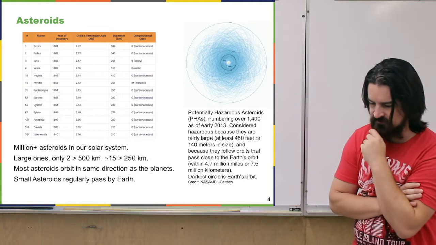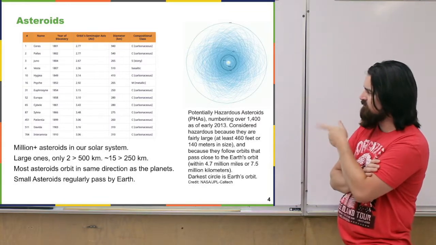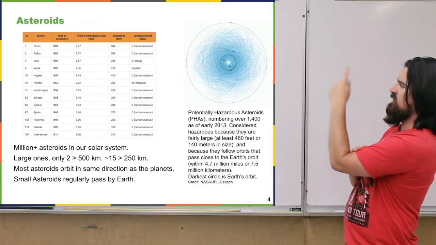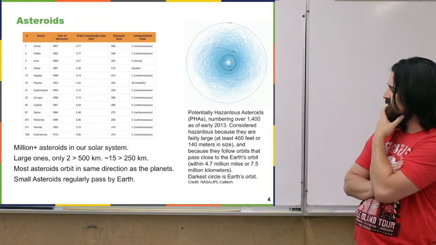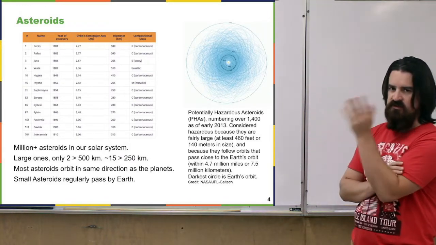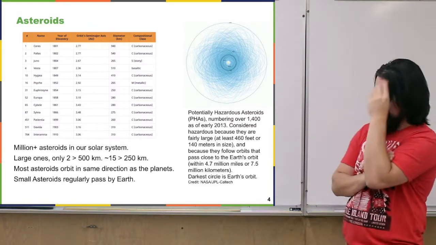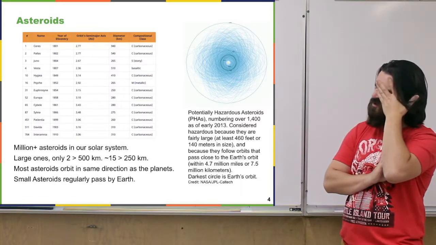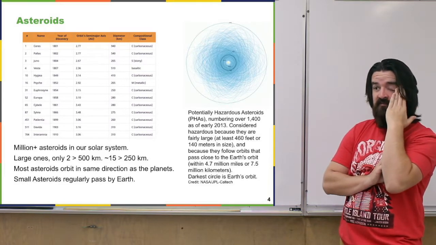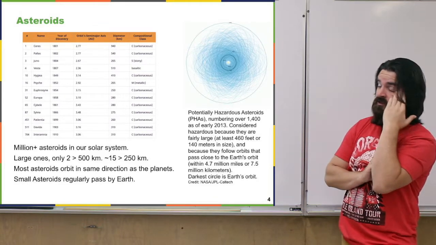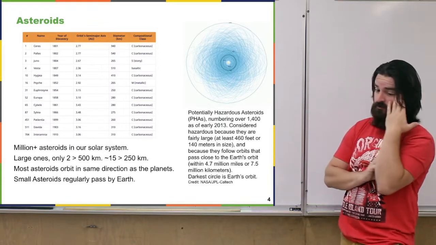So deal with that. Some other things about them: most of these asteroids are orbiting around the sun in the same direction that the planets are, and there are small asteroids that regularly pass by Earth, and I think I'll mention later, but there was a project, at least by NASA, to catalog at least 90% of asteroids that came near Earth, near Earth objects as they called them, and there were a lot of them.